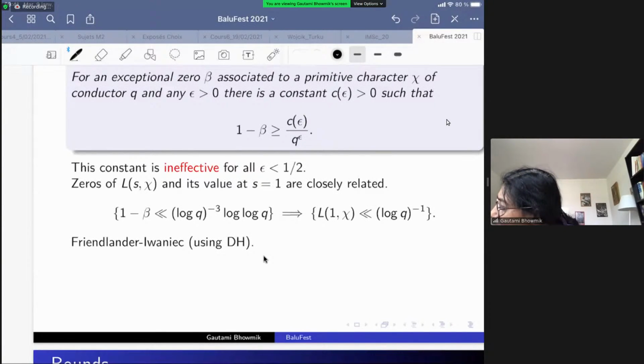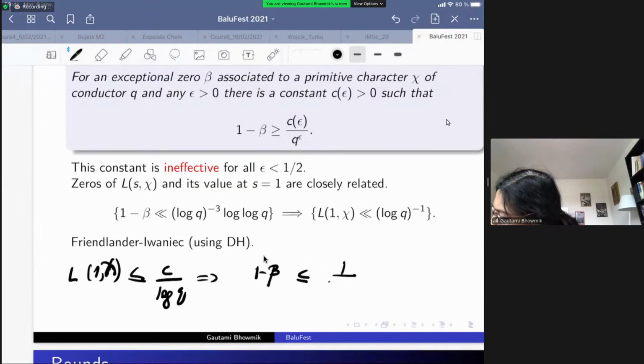So for example, if L(1, chi) is less than or equal to some small positive constant times 1 divided by log Q, then 1 minus beta is less than or equal to 1 by log Q. Yeah.